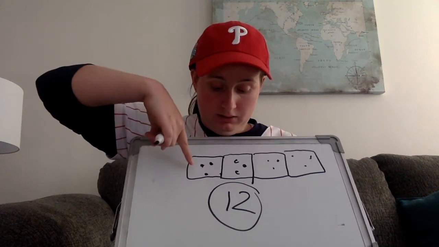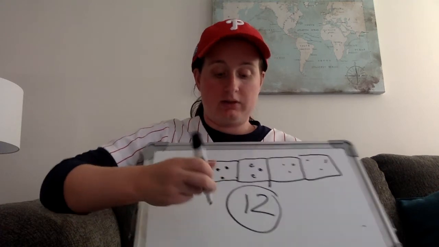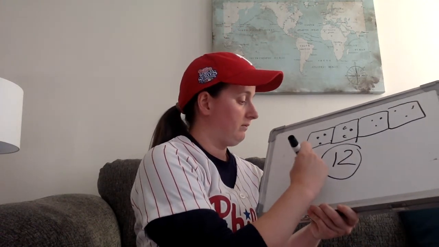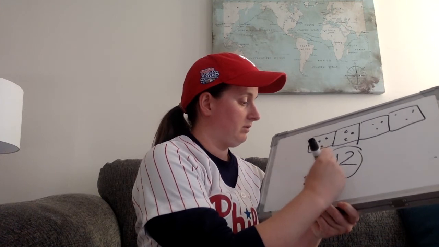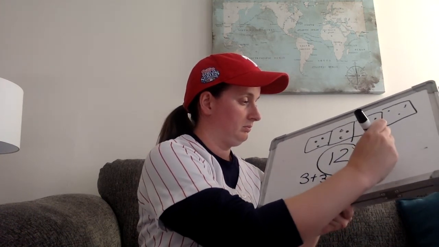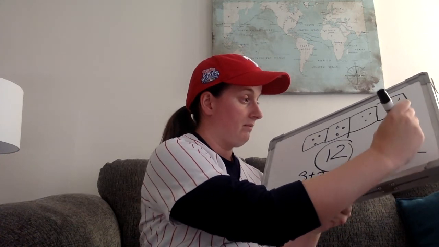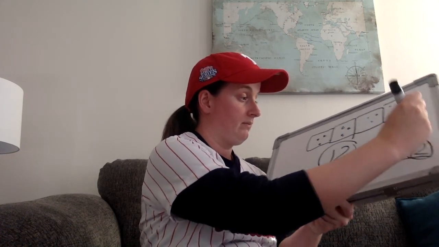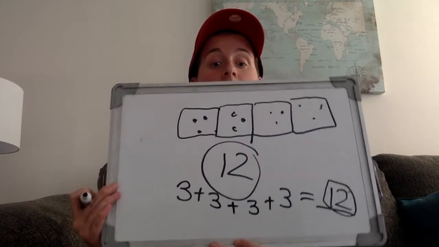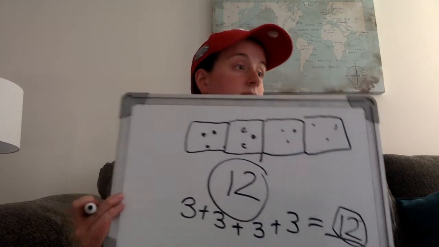So we added 3 4 times. So we did, hold on, 3 plus 3 plus 3 plus 3 to get 12. All right. So that's a tape diagram and repeated addition to find the total.